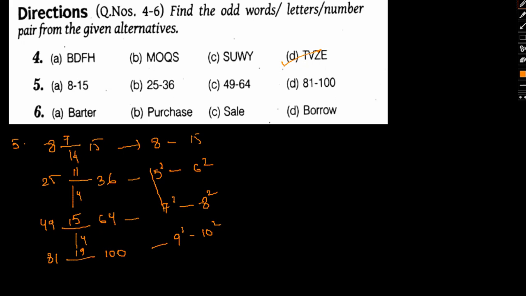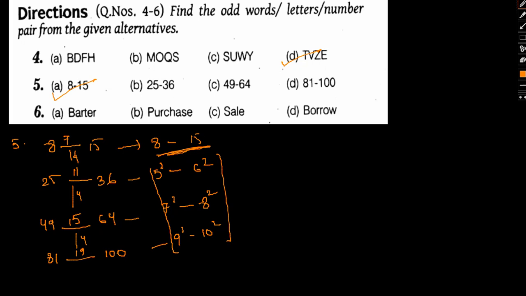So all these are perfect squares, except for 8 and 15. These are not perfect squares. Therefore, for number 5, the odd one out is option A. Here the plus-minus logic is not working, so we have to take a different approach. This is the only logical difference that we are seeing. So option A is our answer.